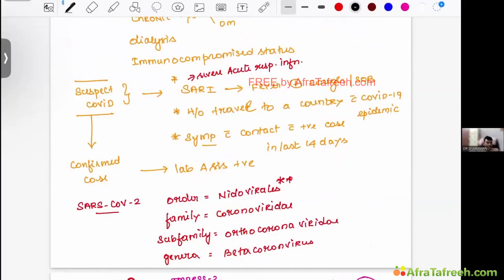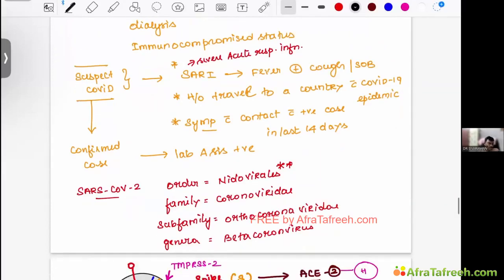Then the most common hematological abnormality reported in severe COVID-19 patients: thrombocytosis, leukocytosis, thrombocytopenia, leukopenia. It should be leukopenia, right? Leukopenia is the answer.